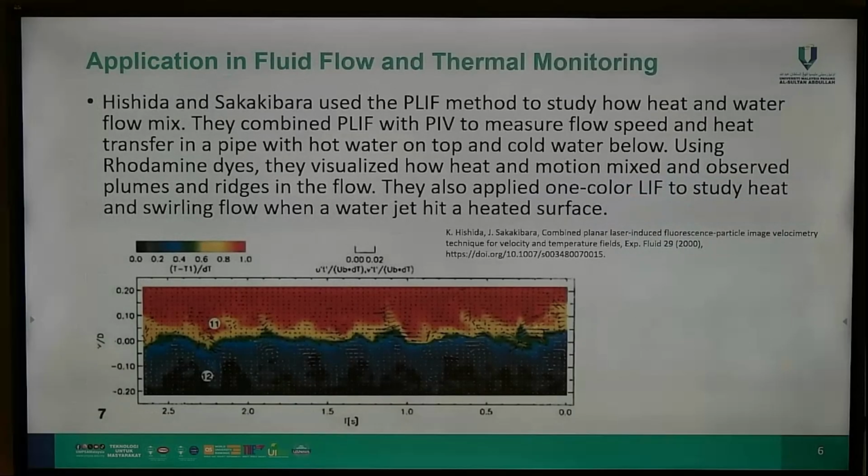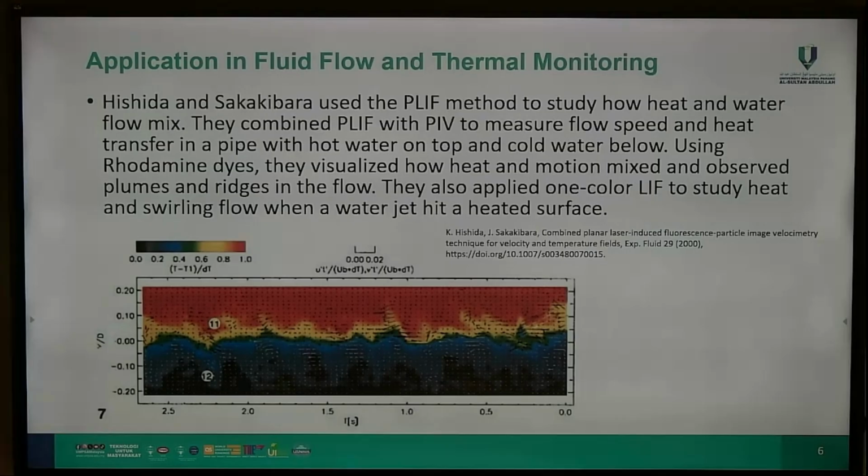For example, this is another method used by another researcher. He investigated what we call the mixture of hot and cold water flow.